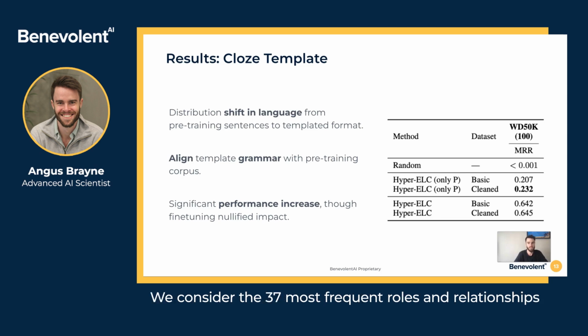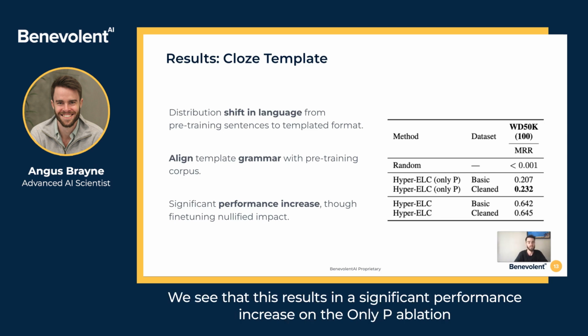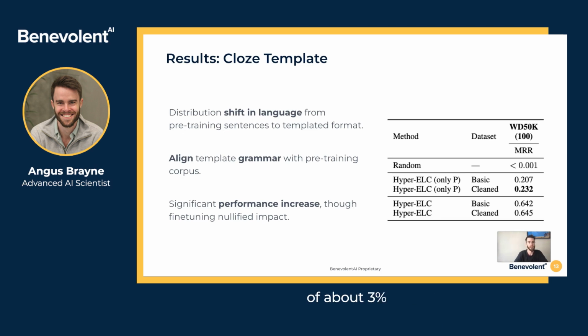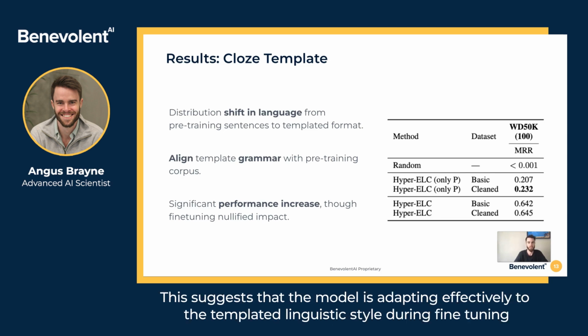We consider the 37 most frequent roles and relationships, and we improve their grammar with simple changes such as including stop words like "the". We see that this results in a significant performance increase on the only P ablation of about 3%, but when fine-tuning, this performance increase is nullified. This suggests that the model is adapting effectively to the templated linguistic style during fine-tuning.